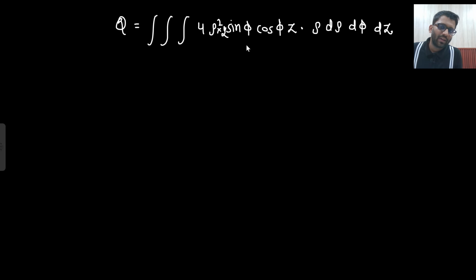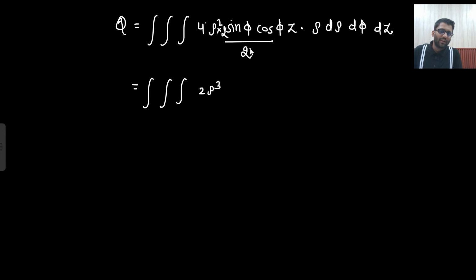I will multiply by 2 here and divide by 2 here. Let's see what we get. Limits we will put later on. So what I am going to get is 2 rho cube, this rho and this rho make rho cube, and 2 and 4. Okay, 2 rho cube and this is your sine 2 phi, right?